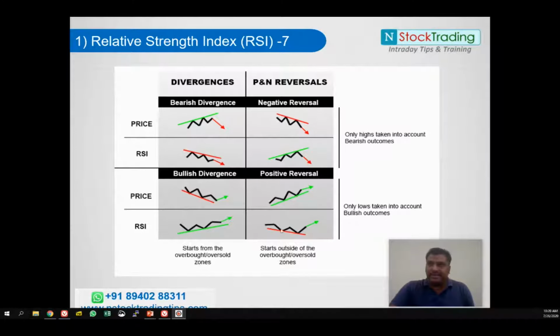And for a positive reversal, it means the price is moving higher and the RSI is moving upwards or downwards, and at one point the price reverses and goes in the right direction. So this is what divergence and positive and negative reversals are. I think you now have an idea of divergence and reversals.